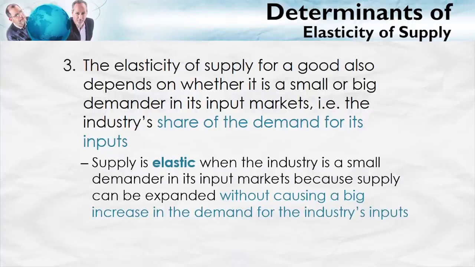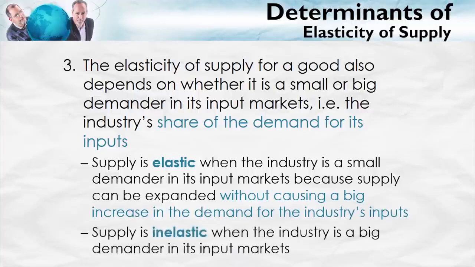So we're not going to increase the demand for wood very much when we increase the demand for toothpicks. Therefore, the price of wood is not going to be pushed up when we demand more toothpicks. Therefore, the quantity supplied of toothpicks can easily increase at the same price without increasing the cost of toothpicks.